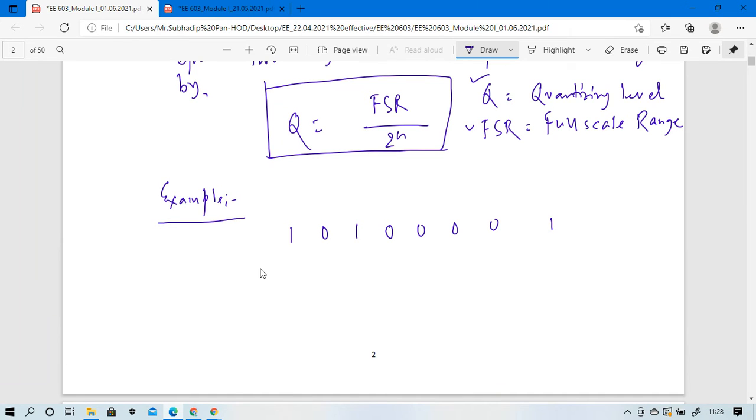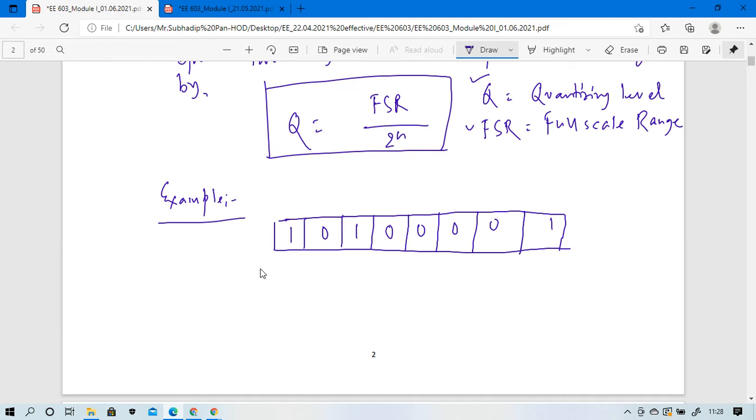If I consider these bits in a particular block, this is nothing but a binary code which will be the input of a particular system.